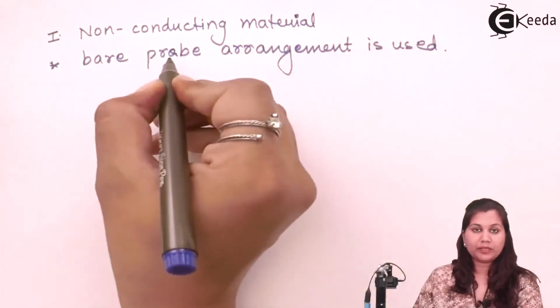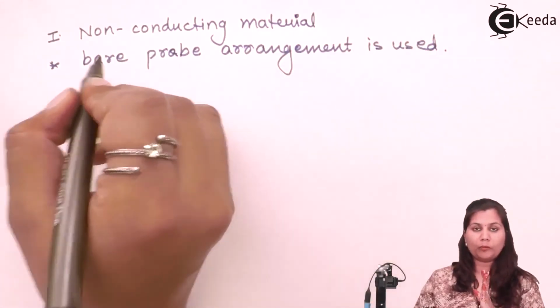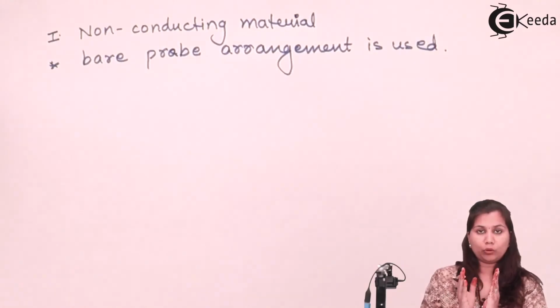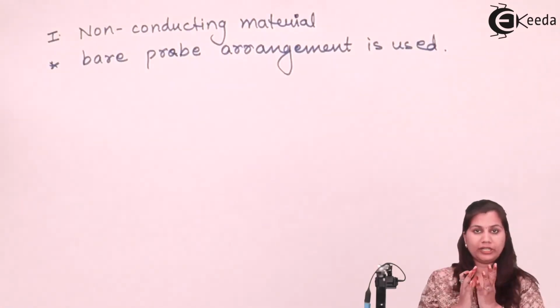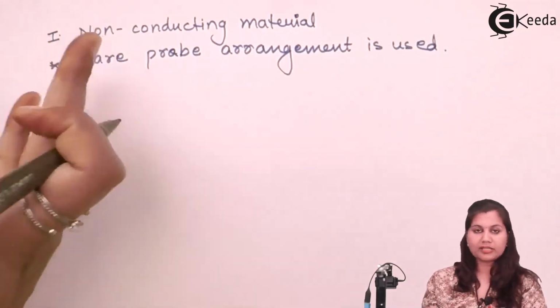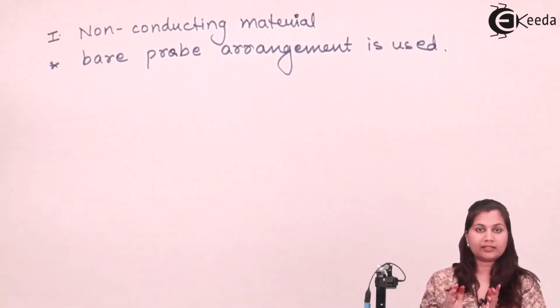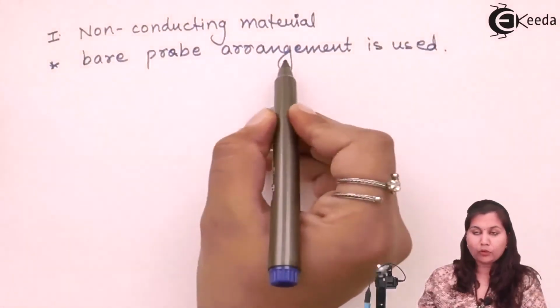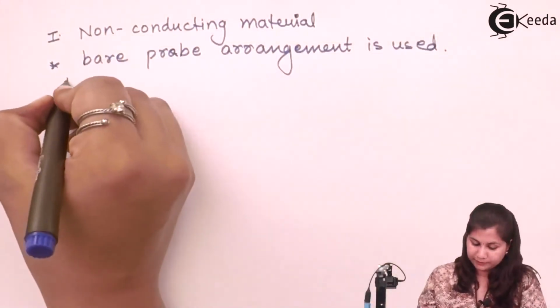Bare probe arrangement means that the probe is a type of lead, and this probe is being dipped in the liquid. So that probe is not having any insulating coating over it, because the material is non-conducting. It is not going to affect the flow of the current and anything. So bare probe arrangement is used.